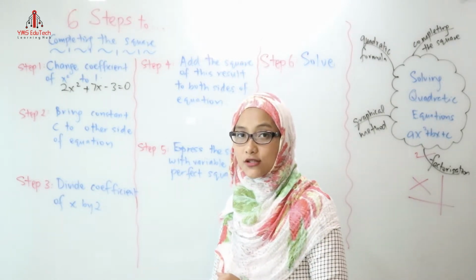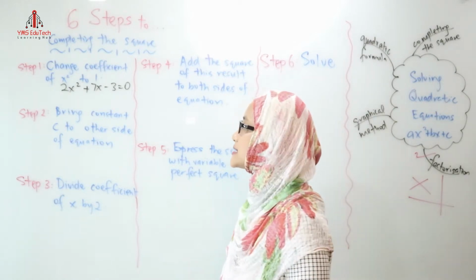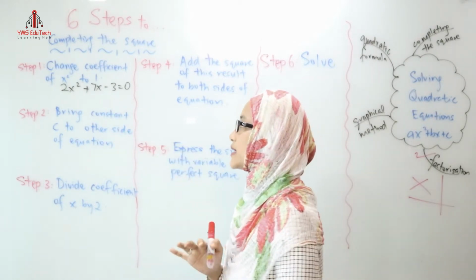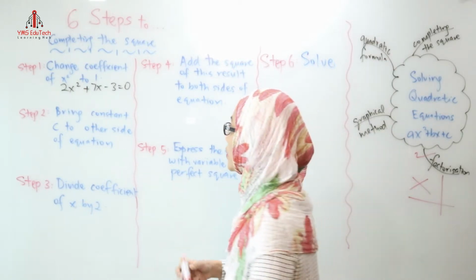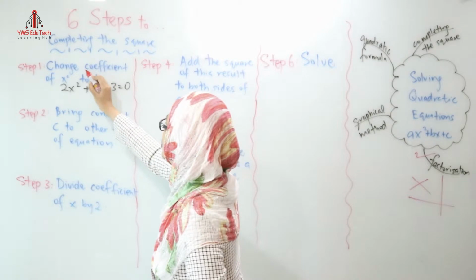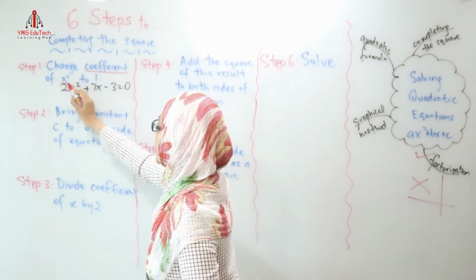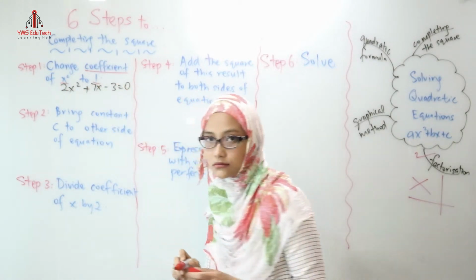Ready to solve? The equation is 2x squared plus 7x minus 3 equals 0. Step 1, we have to change the coefficient of x squared to 1.